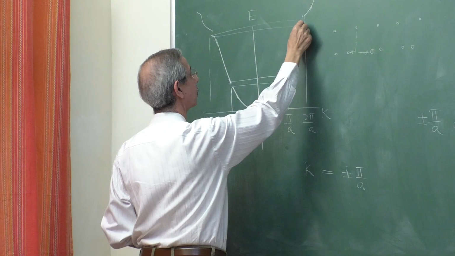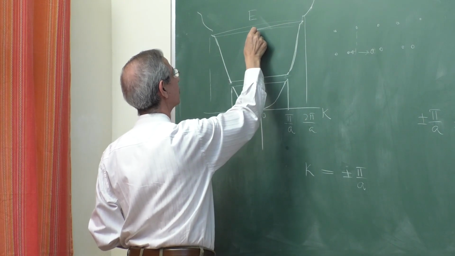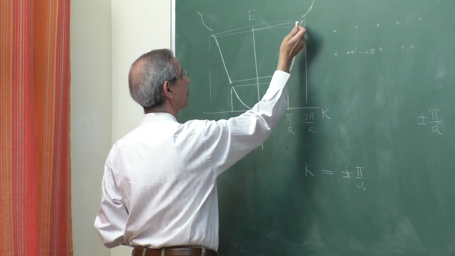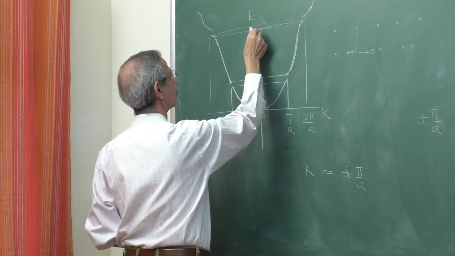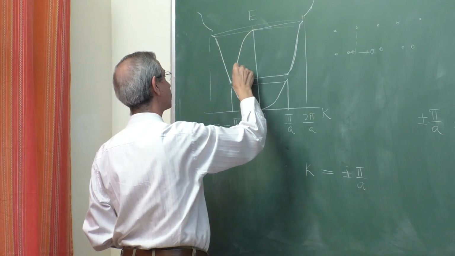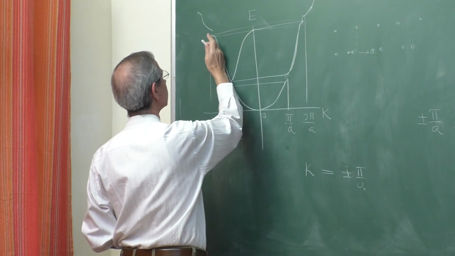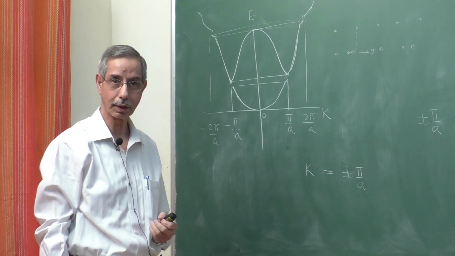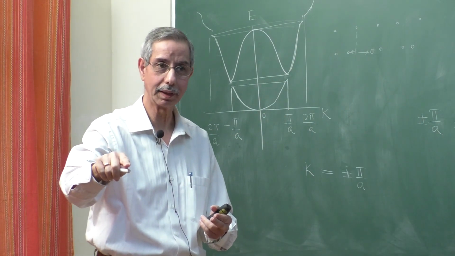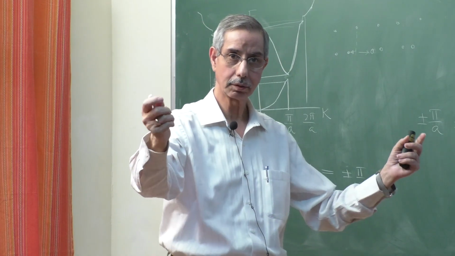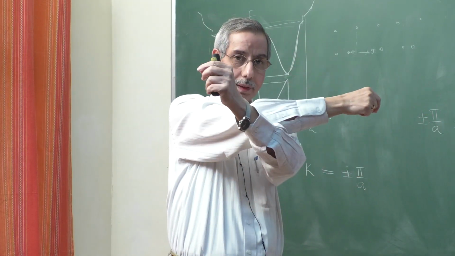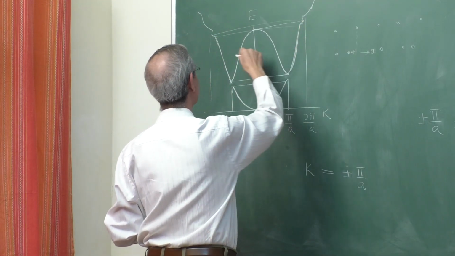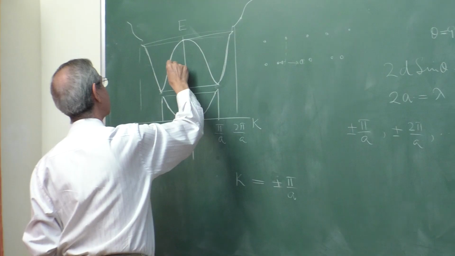So if I take this fellow and shift it here, this one comes here. Okay, so if I translate it here, and this I translate this side, so I get this, right? Translation by 2 pi by a, right? One curve, I'm translating like this. So then you have now this part is coming here, is this part.